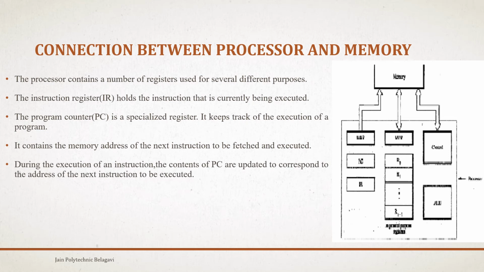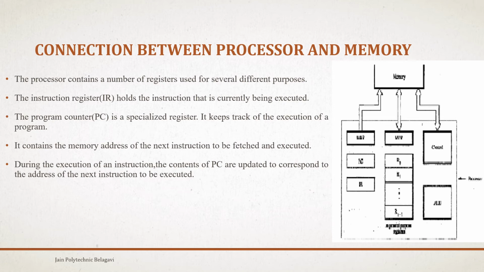During the execution of an instruction, the contents of the PC are updated to correspond to the address of the next instruction to be executed. So if the first instruction is to be executed, the PC will be updated to the address of that instruction.